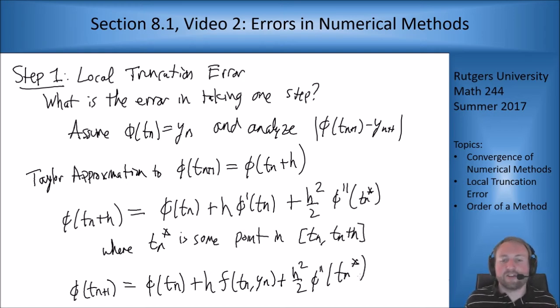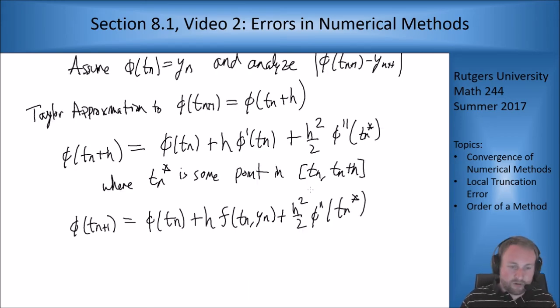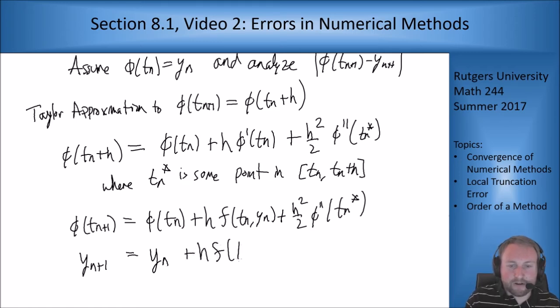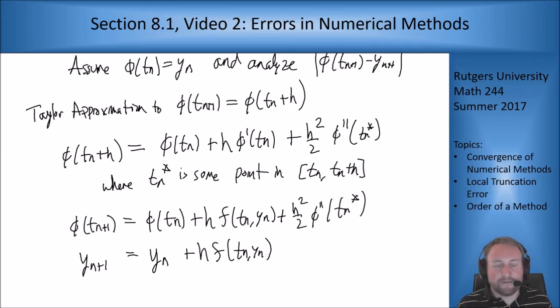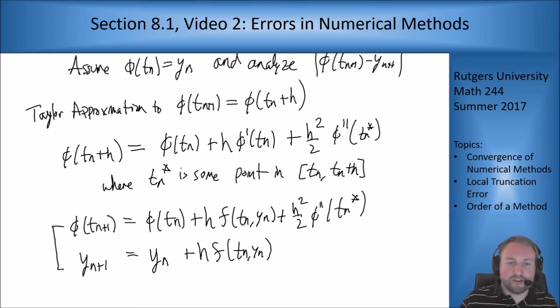Now, if we're looking at just our normal Euler's method, what do I get for y of n plus 1? Well, for y of n plus 1, my normal Euler's method tells me I'm going to get yn plus h f of Tn yn, exactly how I calculate my next step. So if I look at the difference between these two equations, what do I see?